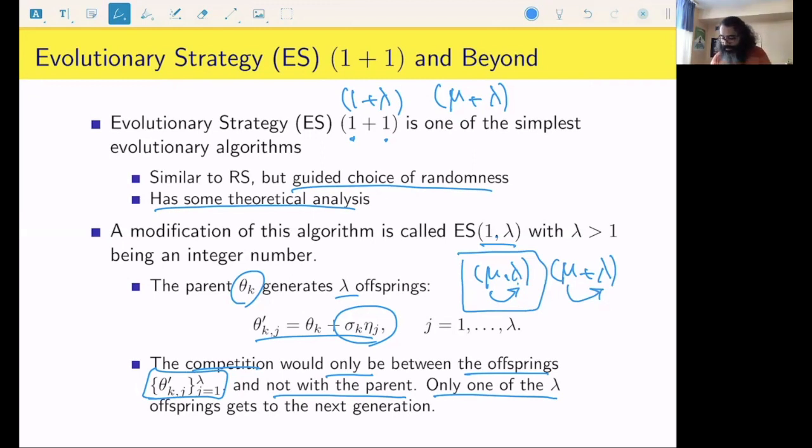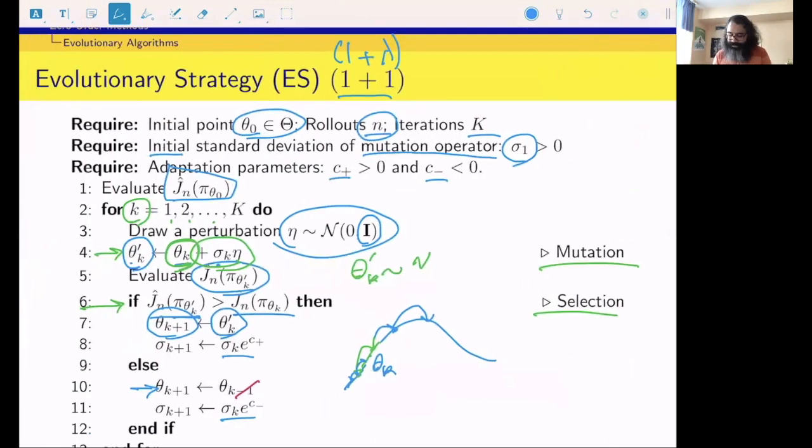But with the second method of selection, you're always at least as good as the previous parents because the best of the parent generation is already in the competition. Of course, this is under the condition that the selection procedure is deterministic, the way I have here. Sometimes the selection has randomness in it too.